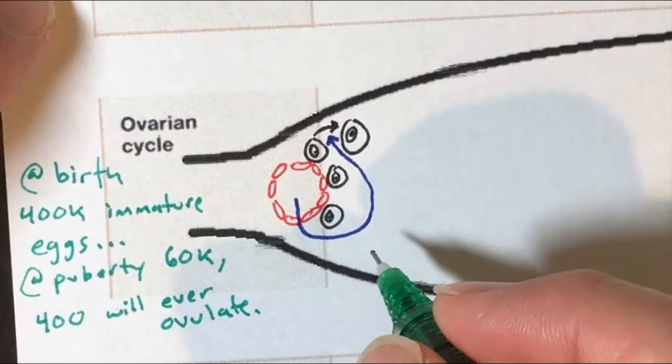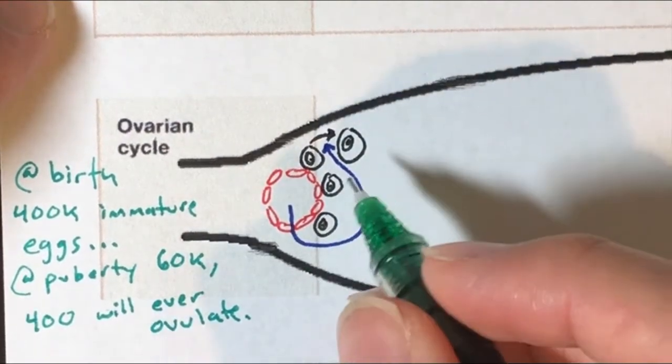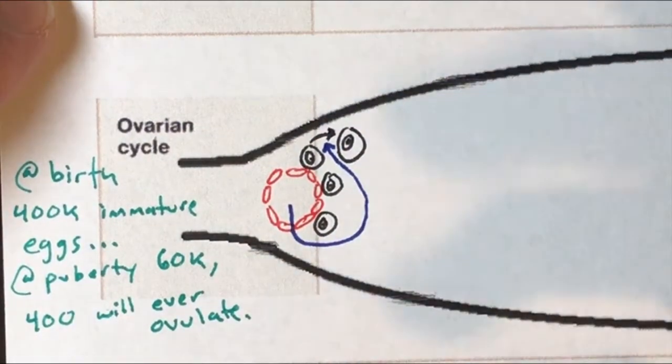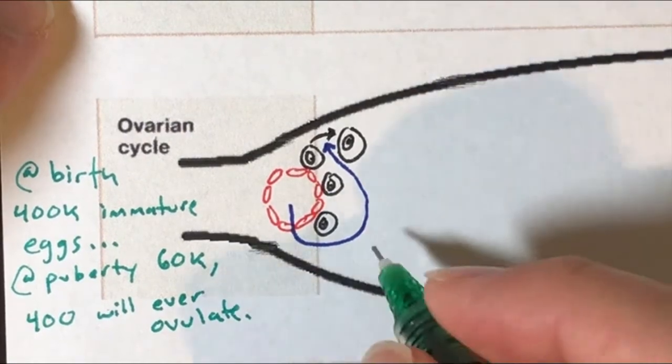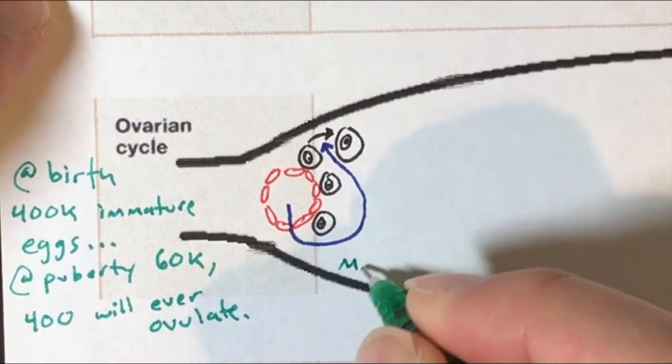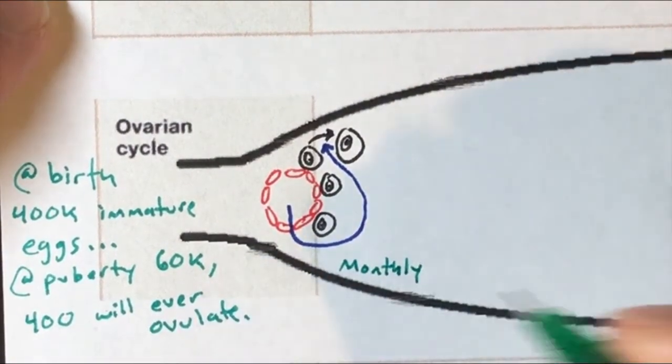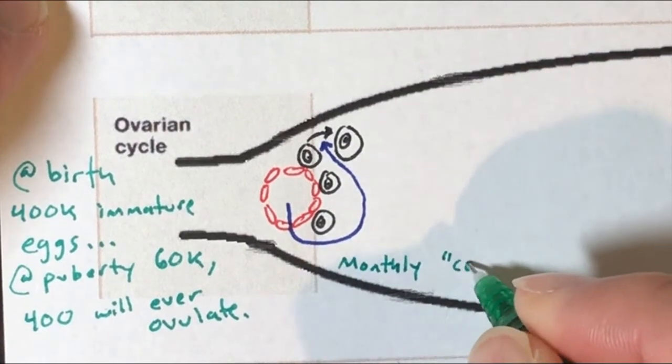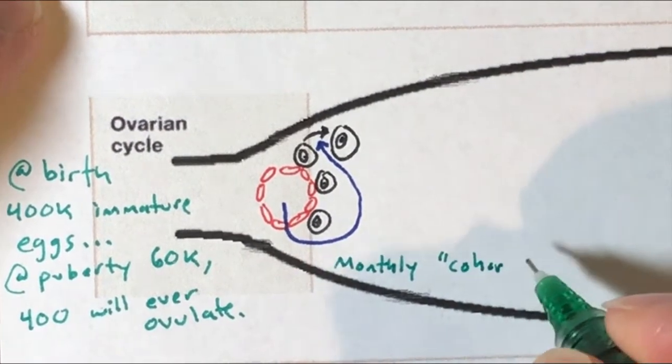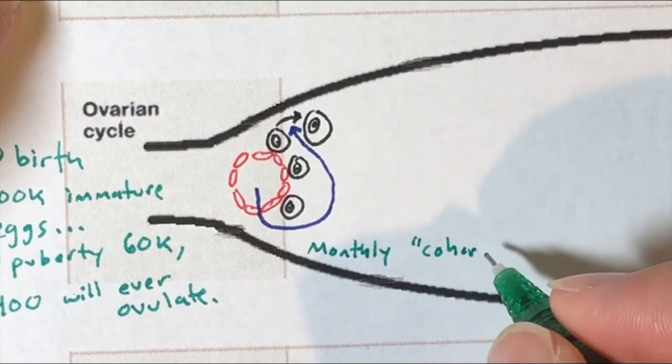So one way to think about it is that it's stimulating a cohort of follicles. Write it like this. So monthly, so every month, cohort.